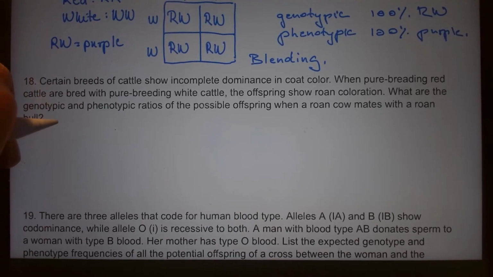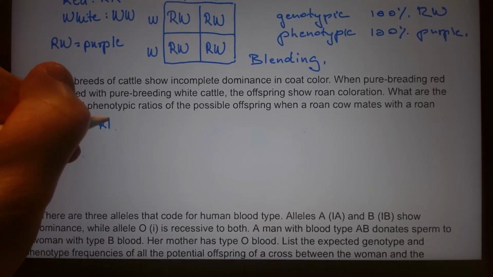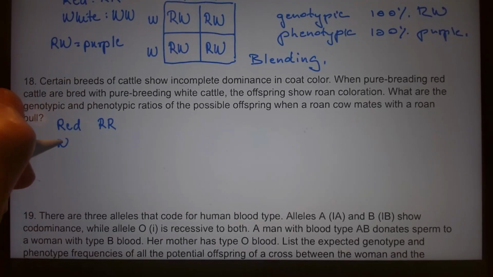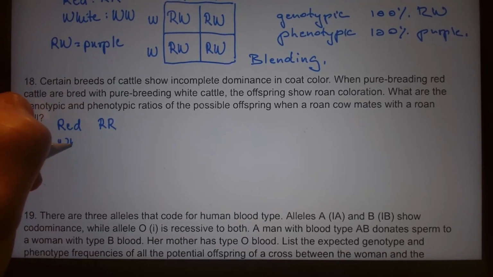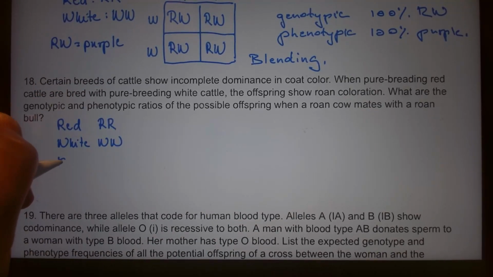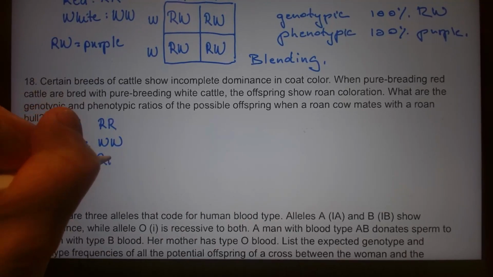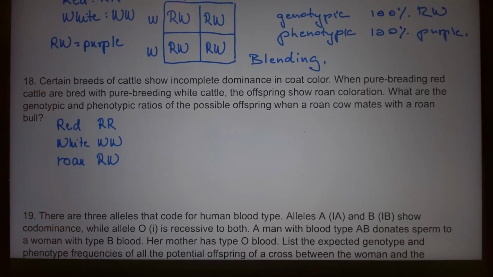So what we know is the red is RR in our case, the white is WW, and the roan is RW. What are the genotypic and phenotypic ratios of a possible offspring when a roan cow mates with a roan bull?